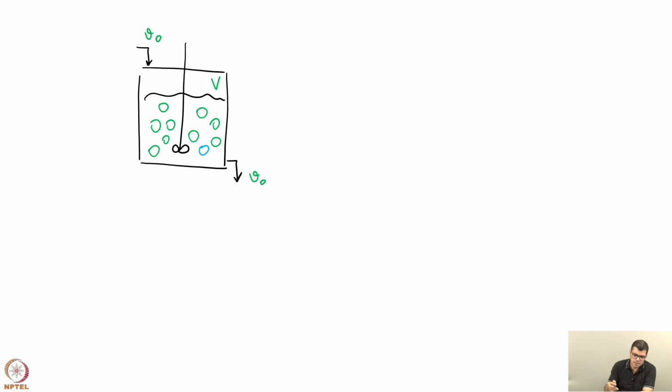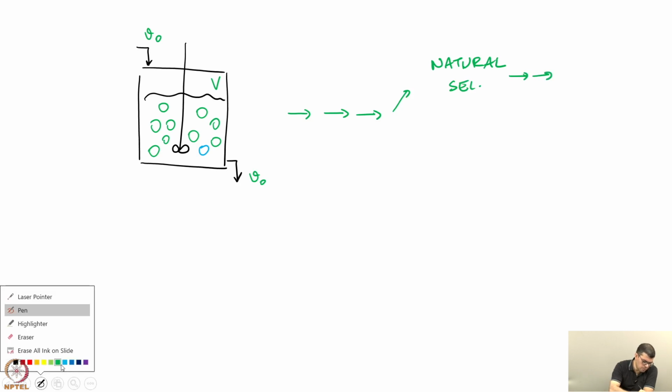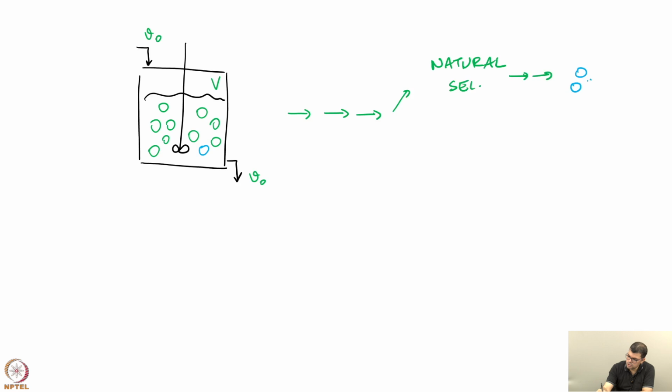However, the fate of this chemostat is dictated by natural selection, which is pushing this system in a direction where blue individuals take over, or chance events which make the system's response difficult to predict.